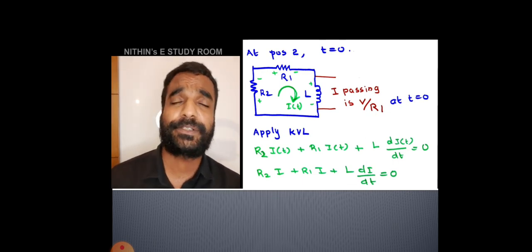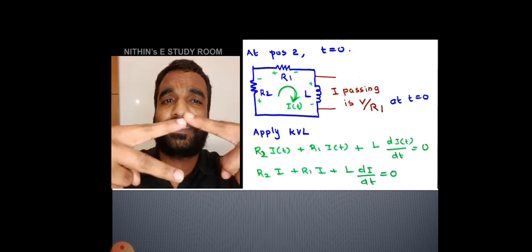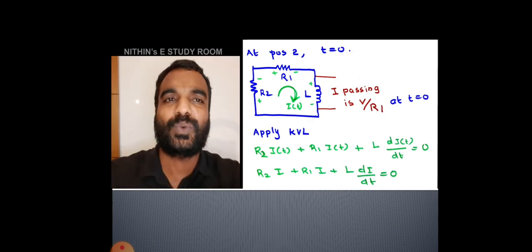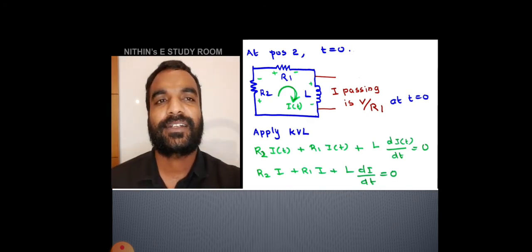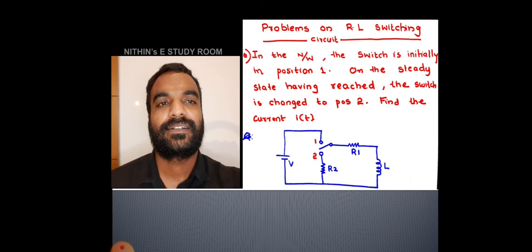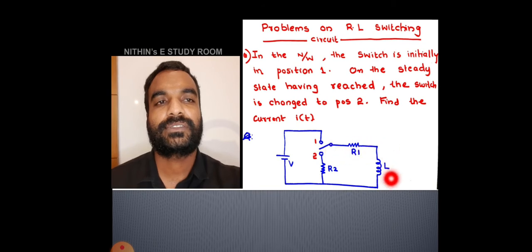Now at time t equal to 0, you are just drawing the switch to position 2. So what is there in position 2? We can check. In position 2, this is the circuit. The voltage source is now not there in the circuit because there is no path for getting a closed loop with the voltage source.